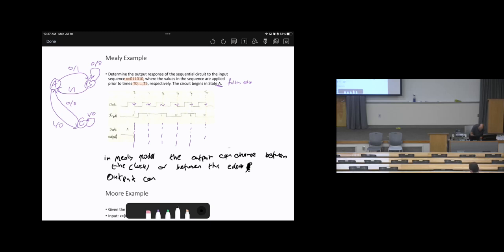Outputs can change instantaneously. You don't need to wait until the next edge. Why?